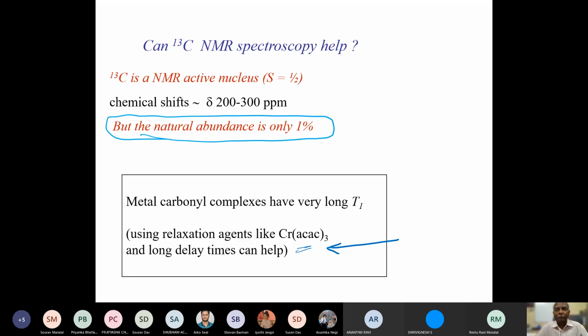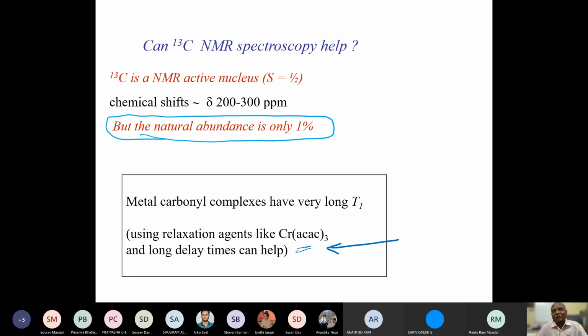So for every 100 molecules of a metal carbonyl, only one of them is likely to have a carbon-13 atom. So the intensity of the signal is already very low. And to add to that, the relaxation of the carbon-13 from the higher energy state to the lower energy state is also very slow.